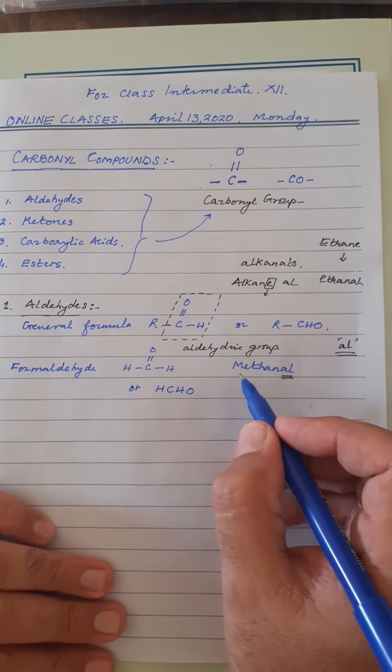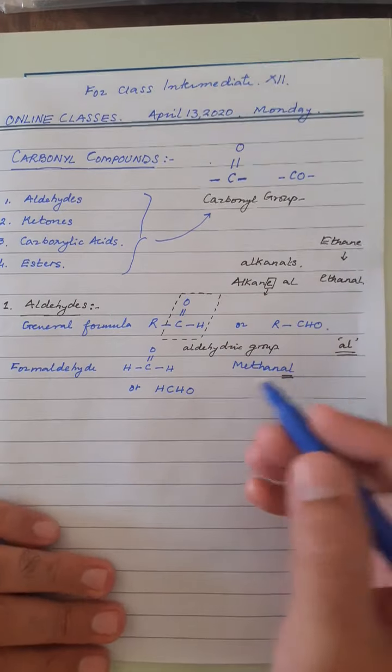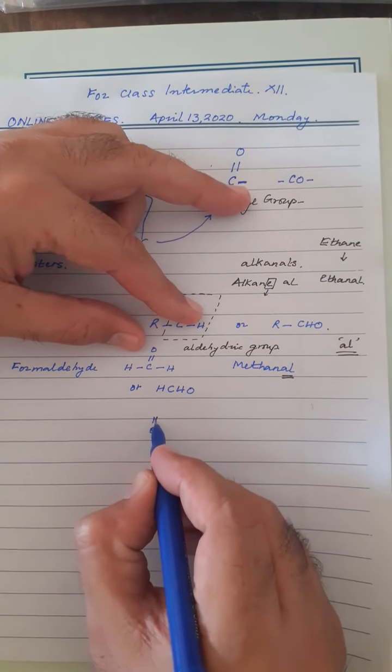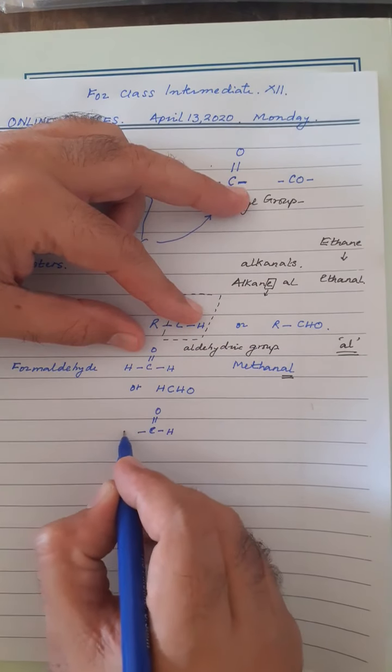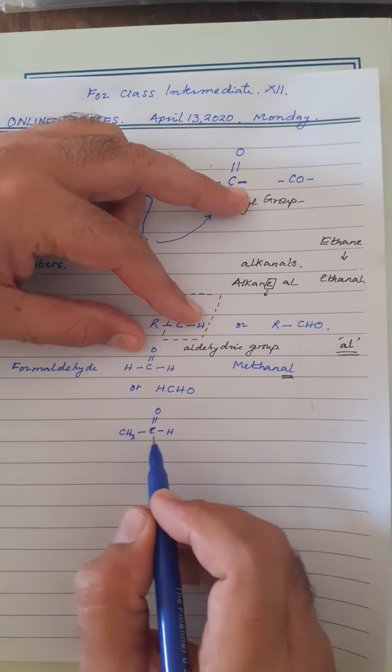If the first aldehyde is methanal, what will be the second one? Of course, ethanal. So in that case, you need a carbonyl, one valency by hydrogen and other by methyl. Now methyl, it will have 2 carbons in total.